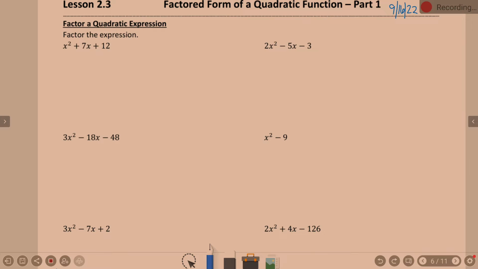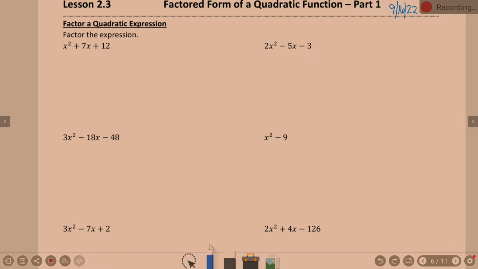So first of all, this is your typical quadratic trinomial. It's quadratic because it's x to the second, and trinomial because there's three terms: an x squared term, an x term, and a number term. We want them in that order. When I say we're going to factor this, I say product and sum.